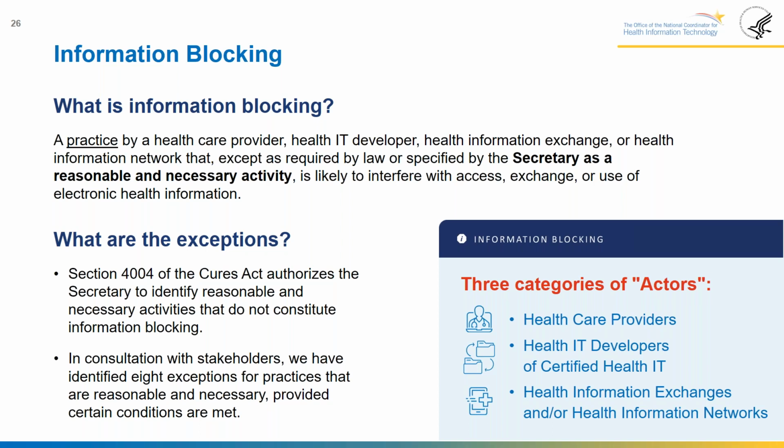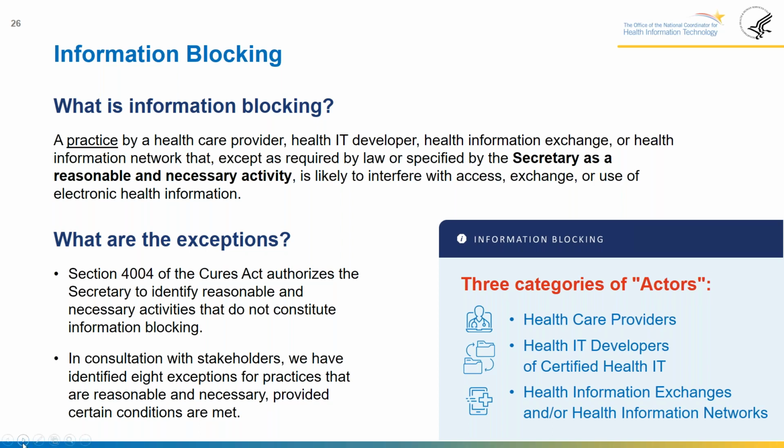We'll touch briefly in a moment on the 8 exceptions that are defined in regulation at the moment. But first, I want to talk a little bit more about the definition of electronic health information. We heard from public commenters that it's important to align as much as possible across the various HHS regulations, including between information blocking and the HIPAA rules.